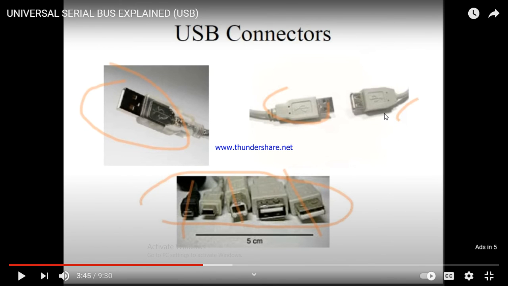Here you can see some diagrams, some images of USB connectors. In USB there is a male connector and a female connector, right? Again, USB A, USB B, USB C, USB D. There are different kinds of formats available.